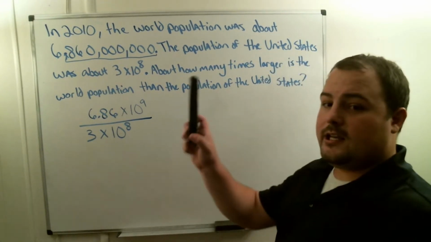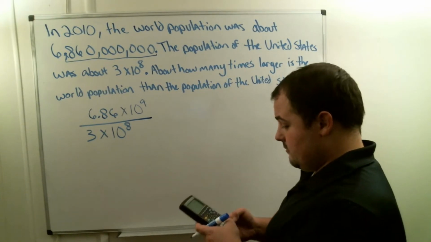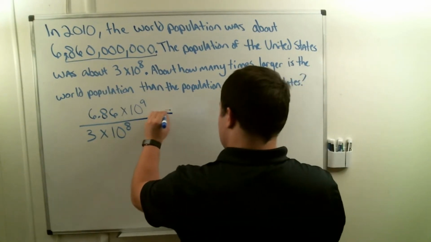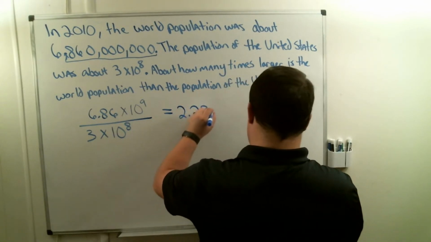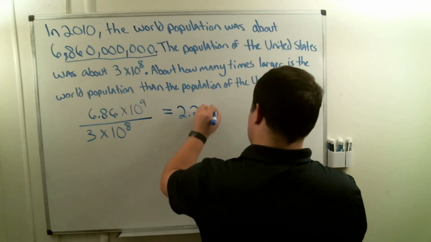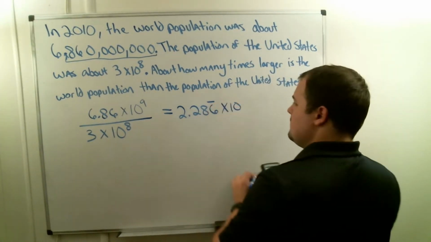So, I got my handy-dandy calculator right here. 6.86 divided by 3. This gives me 2.288 and then 6 repeating, times 10.